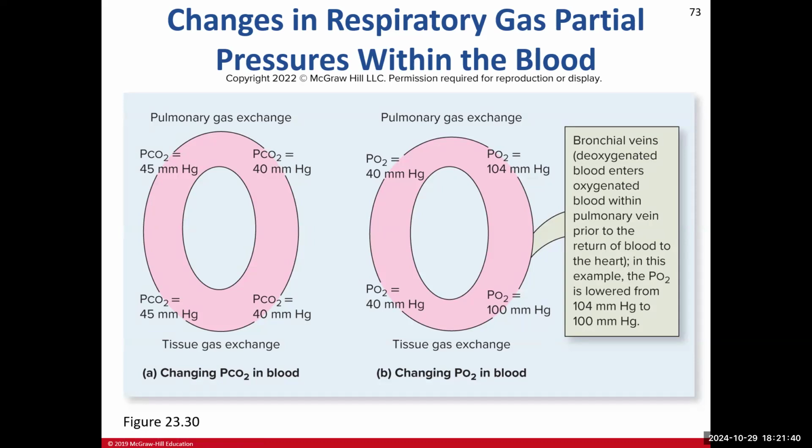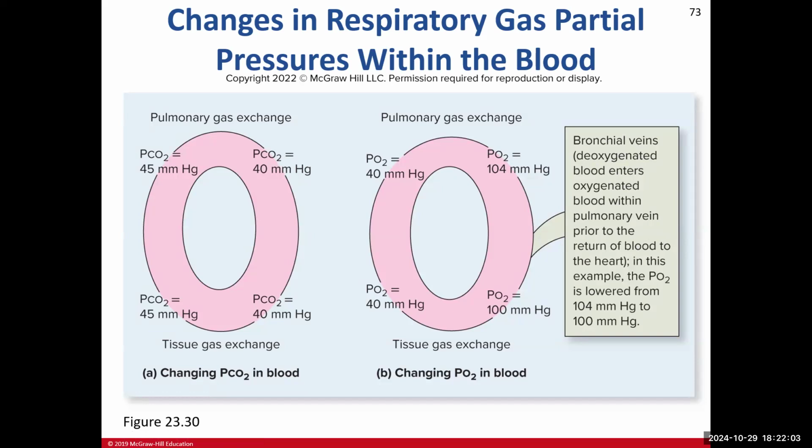If we have time, we'll talk about it a little more in lab. What we're going to see is some deoxygenated blood entering the bronchial veins from some of the venous blood that actually supplies our lungs as an organ. So there's a slight mixture there.